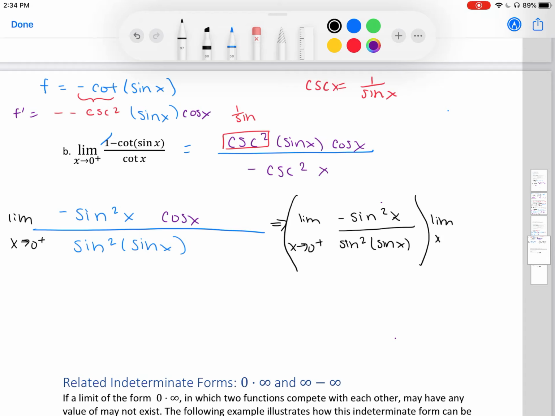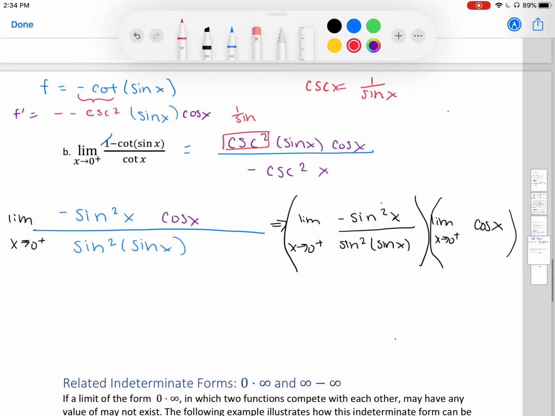The limit as x is approaching 0 of cosine of x. Okay, well, cosine of x at 0 is just 1. So we know that's going to equal 1. Now we're just left to work with our sines. Okay, let's go ahead and apply L'Hopital's.